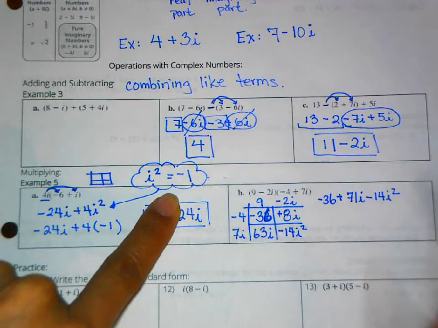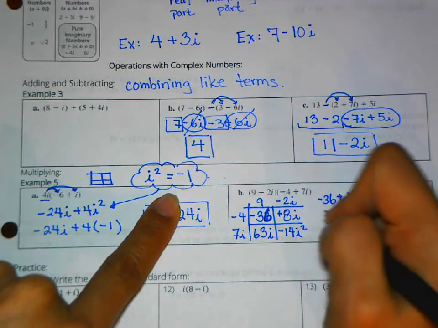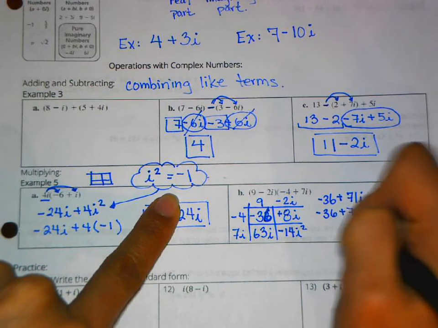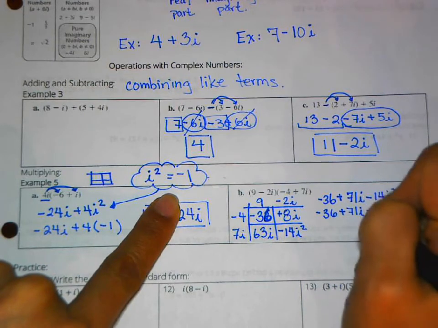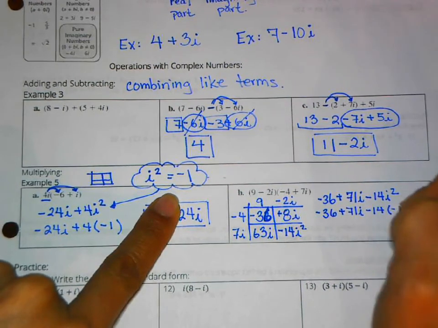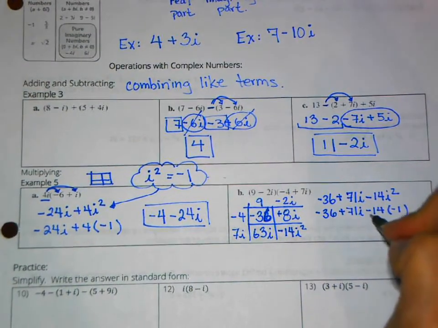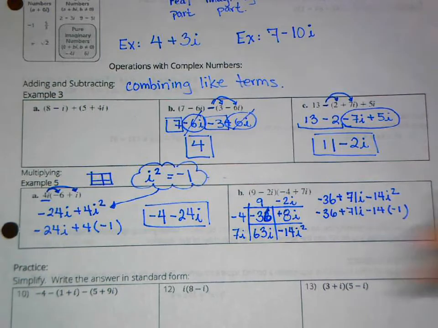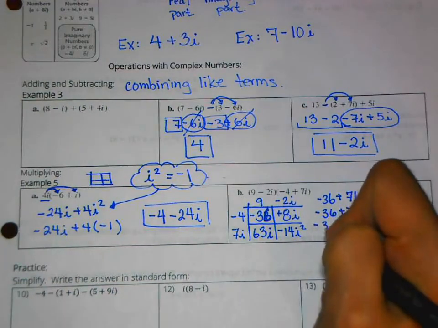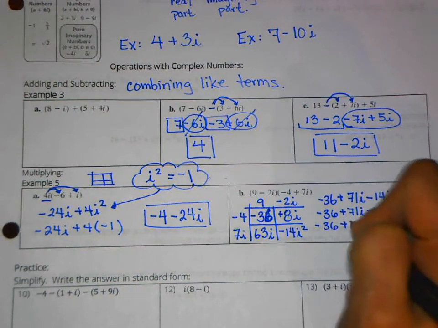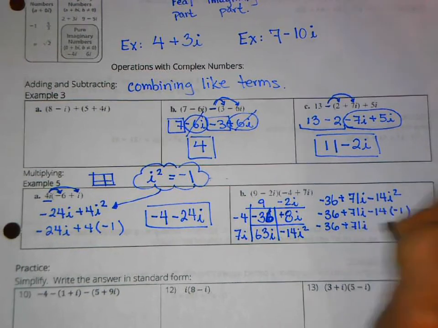So now I'm going to have to replace i squared with negative 1. Negative 36 plus 71i minus 14 times negative 1. Minus 14 times negative 1 is positive 14. So negative 36 plus 71i plus 14.